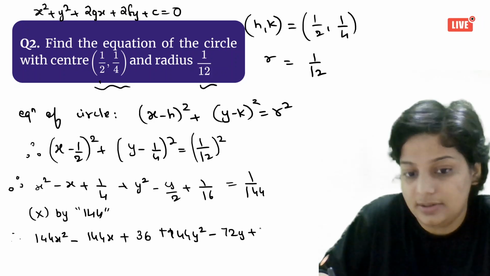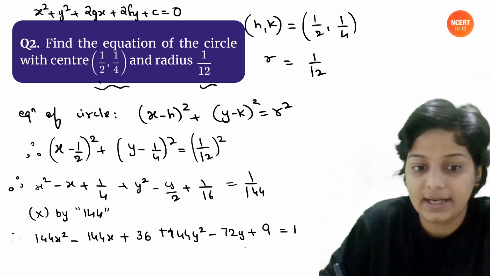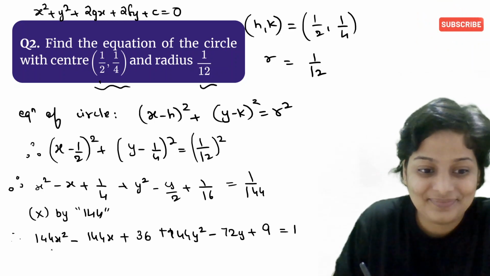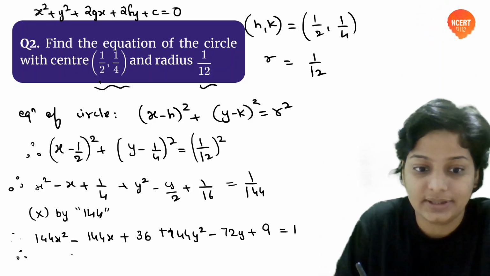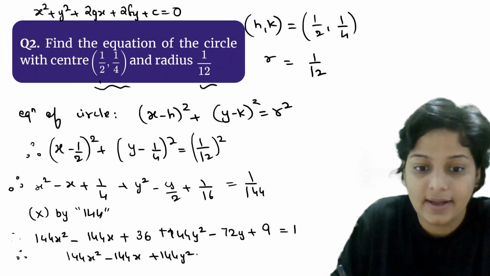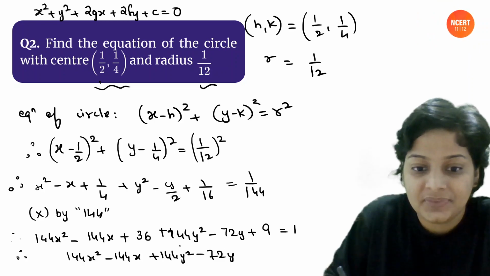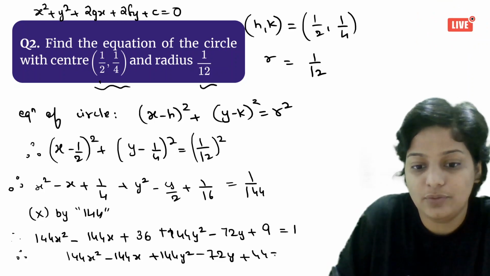If you do, you will get 9. Right? Am I right? Yes. Looks like. Chalo. Rearrange everything and then I think we can do something with it. 144x square minus 144x plus 144y square minus 72y. 36 plus 9 is 45 minus 1 will be 44 equal to 0.